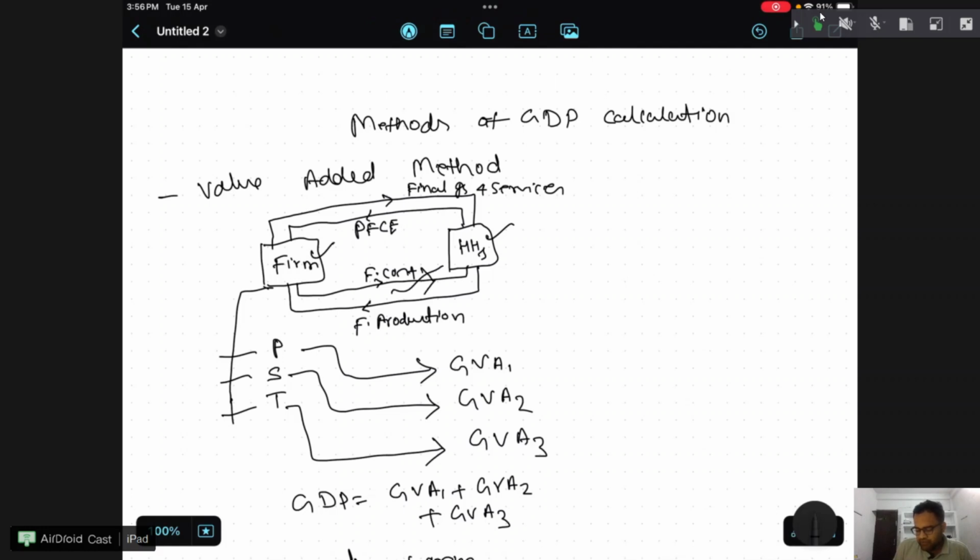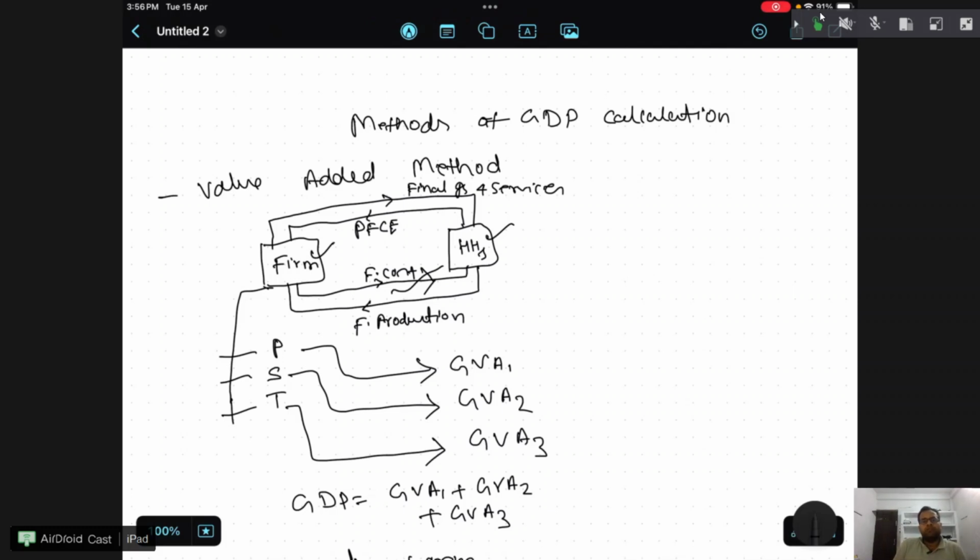So factor cost would be the firm's expenditure, and this factor cost would become the household's income for providing the factor services, factors of production. Like in an earlier lecture we had seen, factor cost is wages, salaries and other things. Capital that the firm gives to the household will be the expenditure of the firm, and the same thing would be the income for the household.